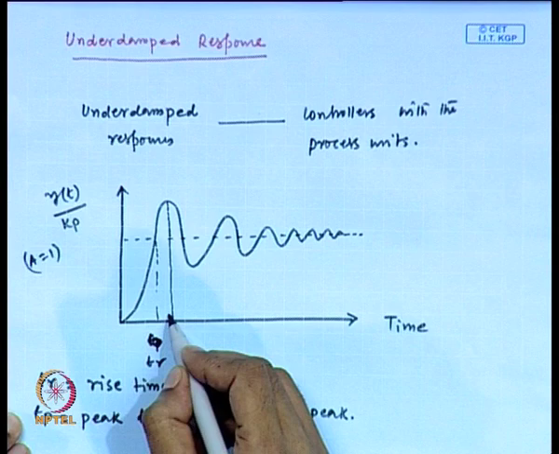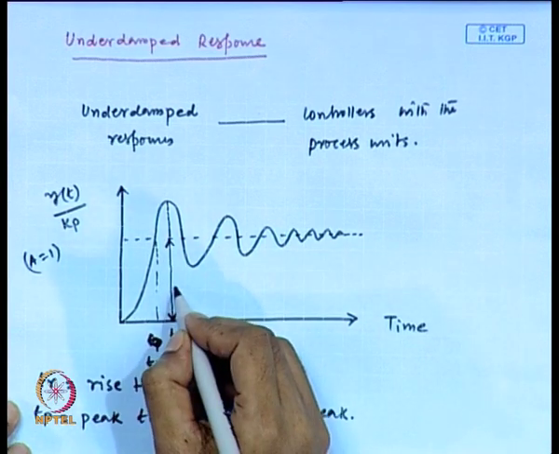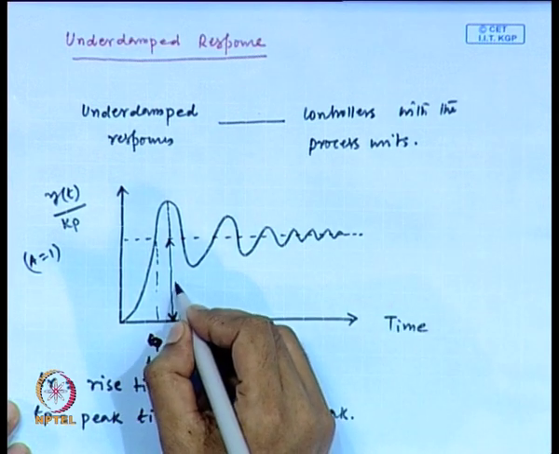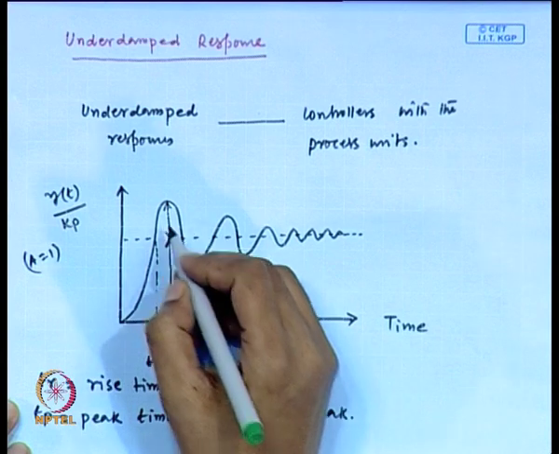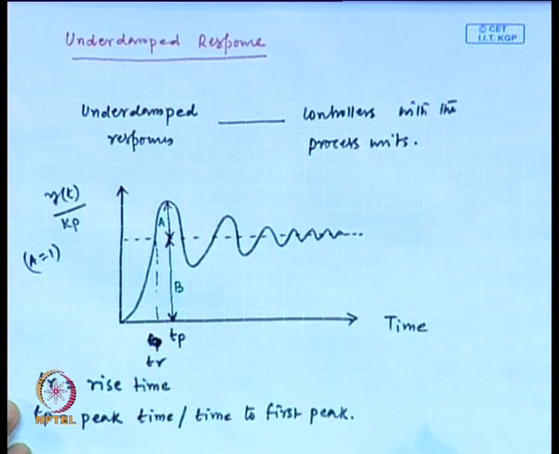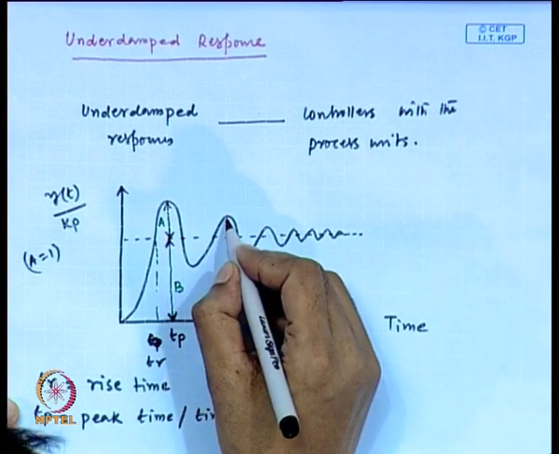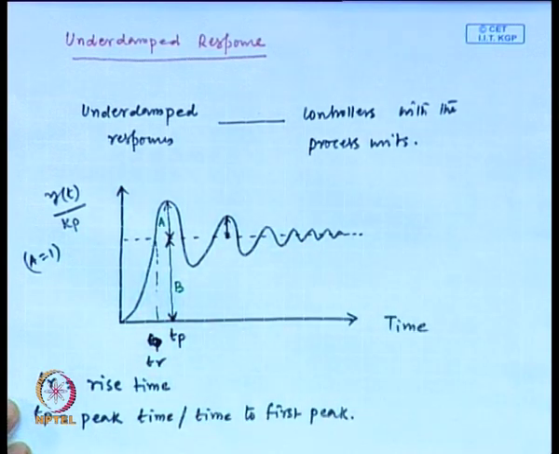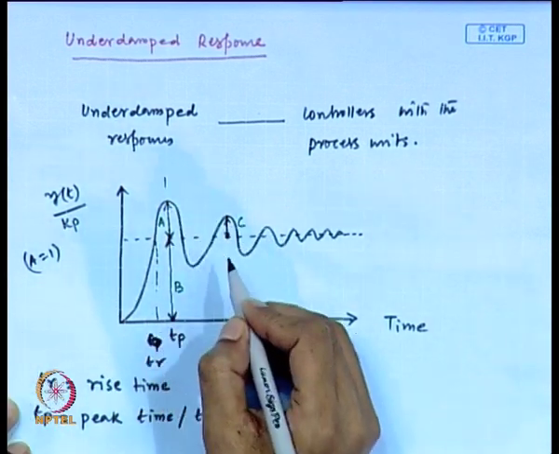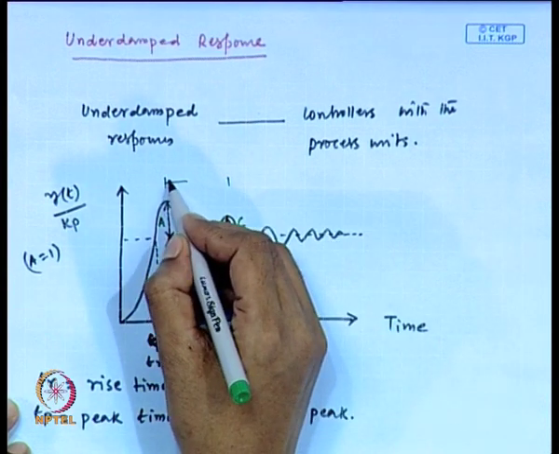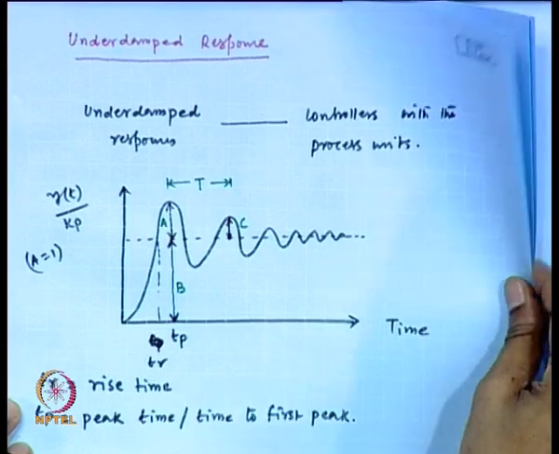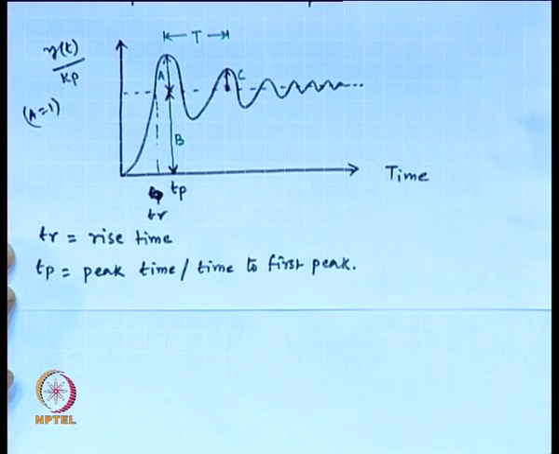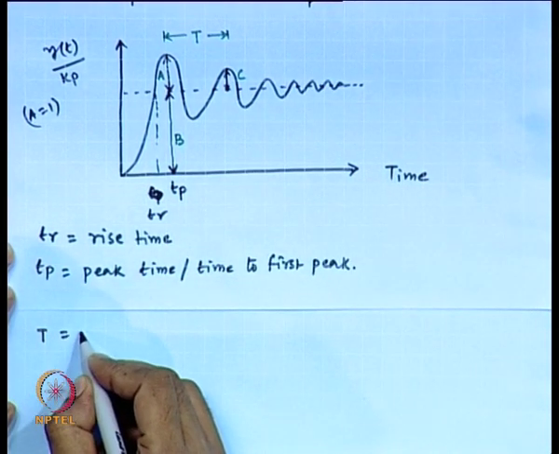Fine. This quantity is, suppose, B. And this quantity is, suppose, A, and this one is, suppose, C. This is the period represented by T. So, here T is the period.